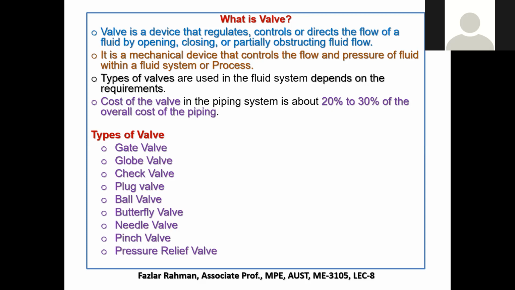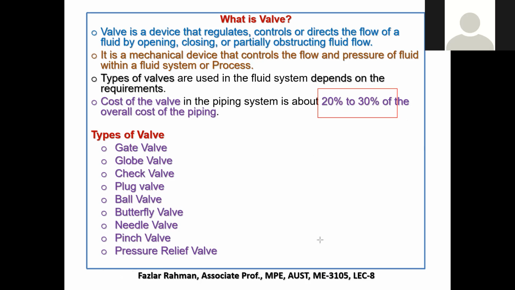So depending on the requirement, you will choose your valve. The cost of the valve in the piping system is about 20 to 30% of the overall cost of the piping system. It is just a thumb rule.